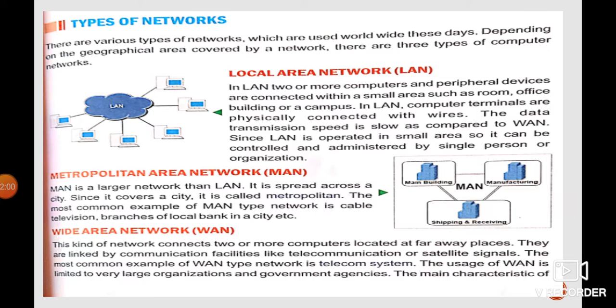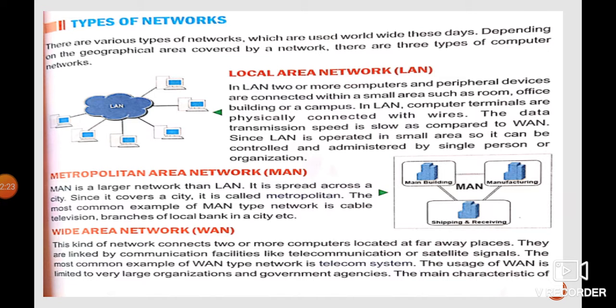See, LAN: two or more computers and peripheral devices. I'm saying peripheral devices because it's not necessary that in the network you will connect computers only. In a network we can connect some other hardware devices also, like printers, scanners, or other input output devices.